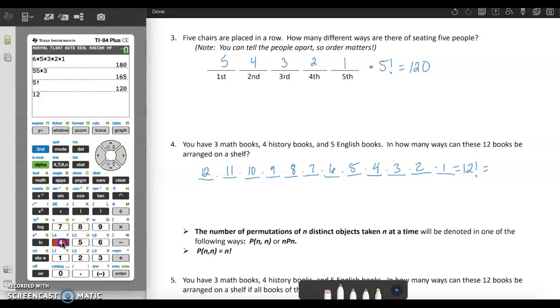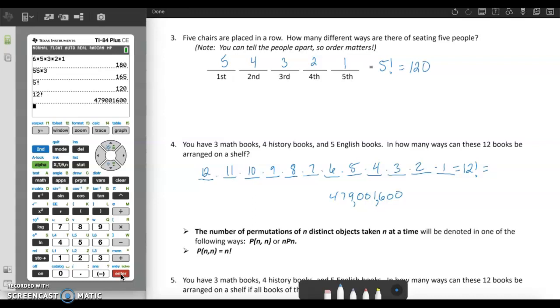Instead of typing all of that into my calculator, I can just say 12 factorial. So again, I'm going to copy these digits down and then put in my commas so that I can figure out how to say this. Okay, so that's 479,001,600 ways to put those 12 books on a shelf.